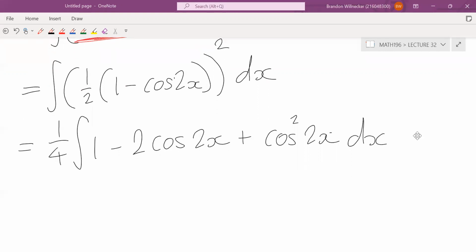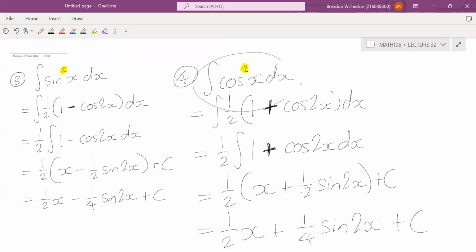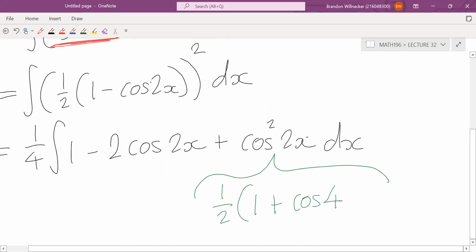We don't know how to do that, but we do, because remember, cos squared x we can handle by using this half angle formula. So let's just use the half angle formula again. So this cos squared 2x is going to become 1/2 1 plus cos 4x.